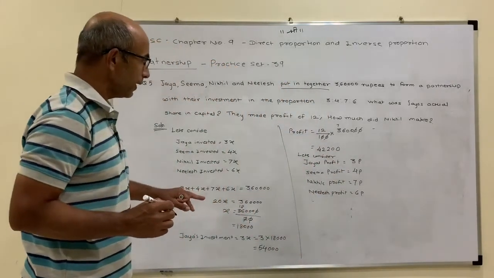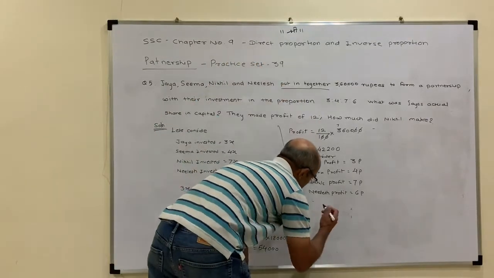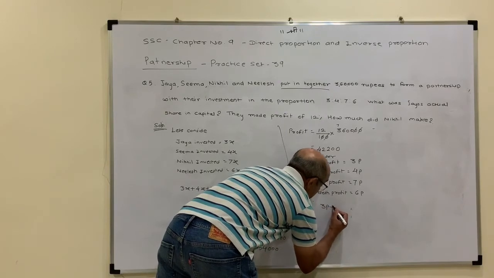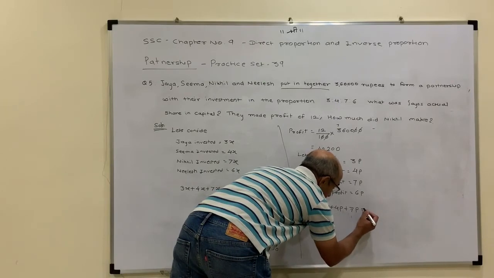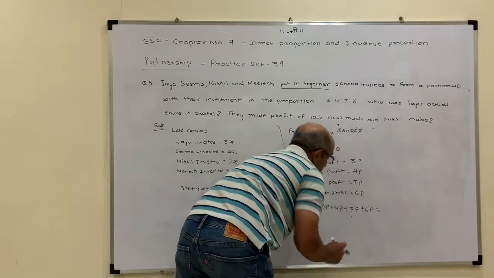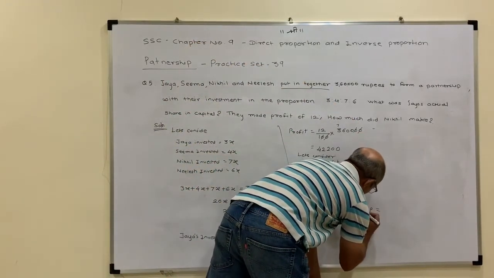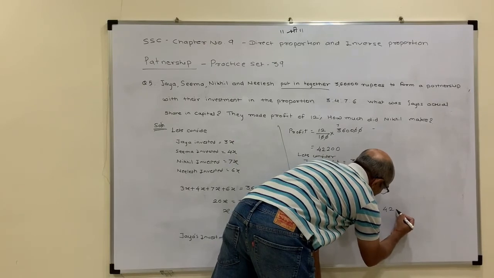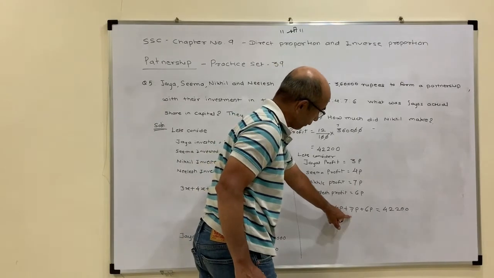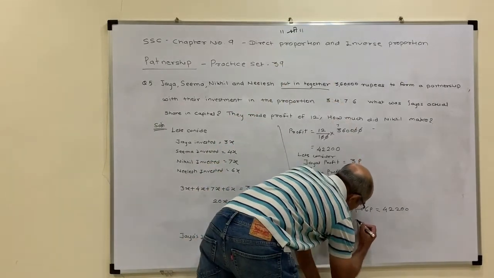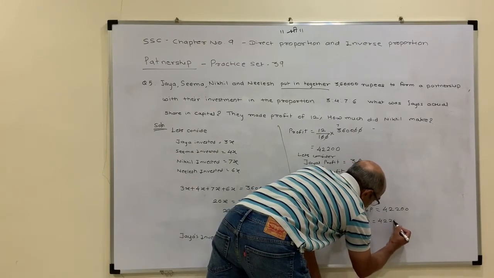So now total profit is Jaya's profit plus Seema's plus Nikhil's plus Nilesh's. So 3p plus 4p plus 7p plus 6p equals how much? 43,200. So 3 plus 4 is 7, plus 7 is 14, plus 6, 20p comes out to be 43,200.